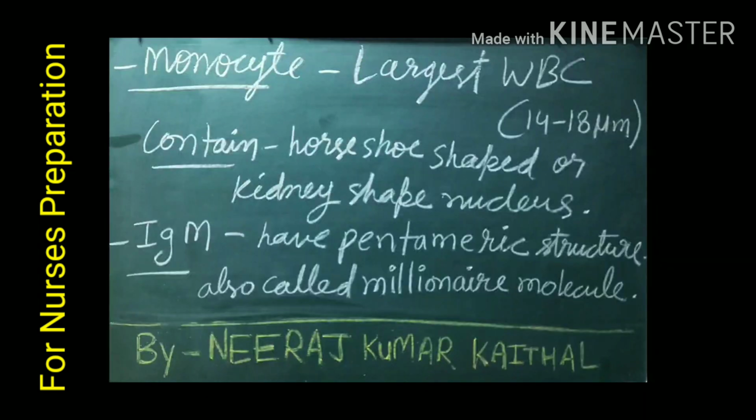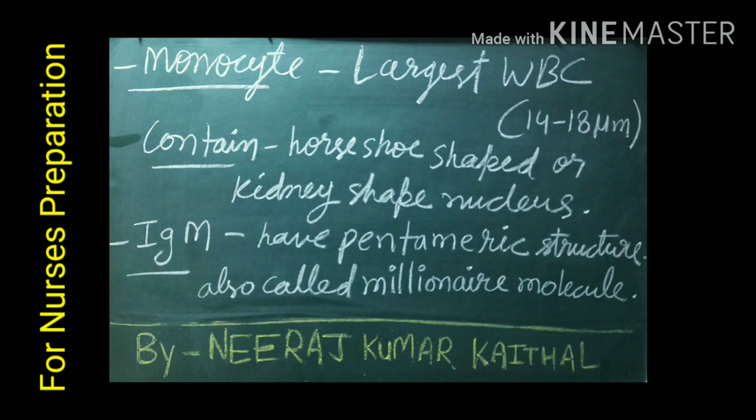There are a total of 5 types of WBCs. These are basophils, eosinophils, neutrophils, lymphocytes and monocytes. Monocyte is the largest type of WBC. Its size or diameter is 14 to 18 micrometer.